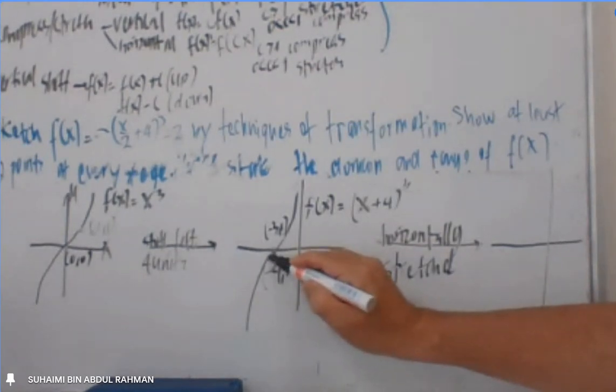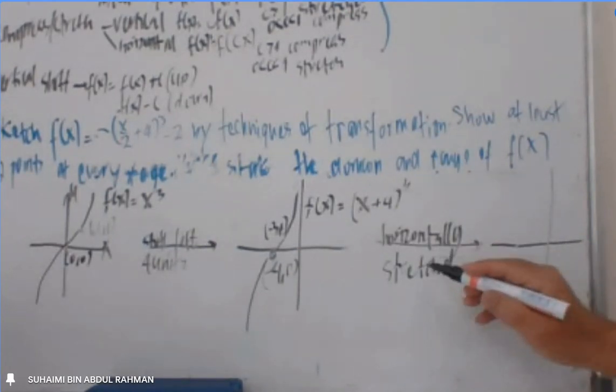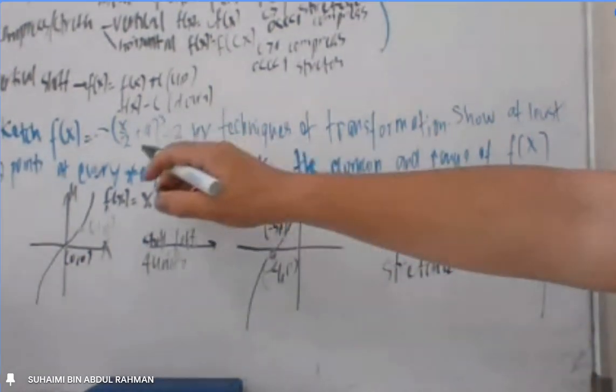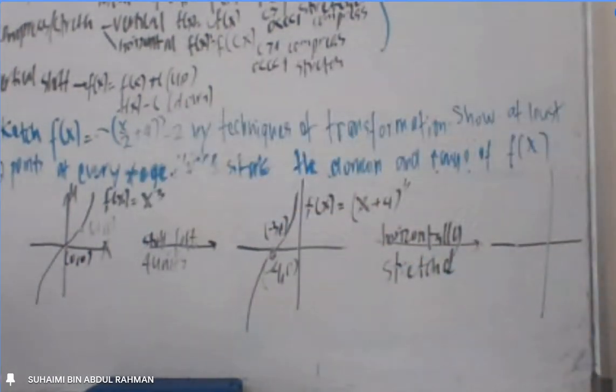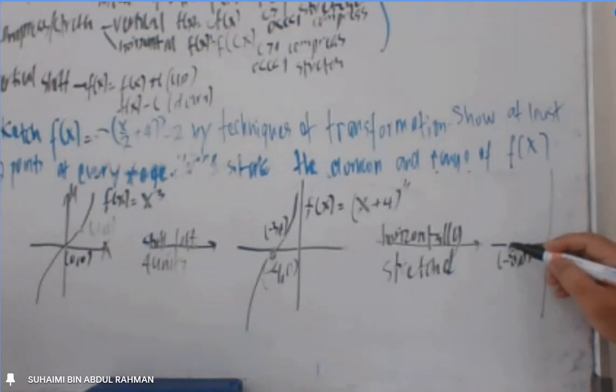The original point is minus 4, 0. Because horizontally stretched, every x coordinate must be multiplied by 2. Why multiply by 2? Because it's 1 over 2. Minus 8, 0. These points will go.